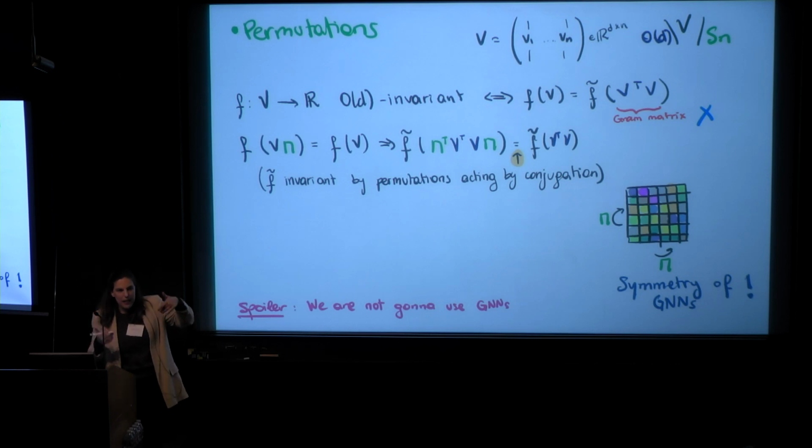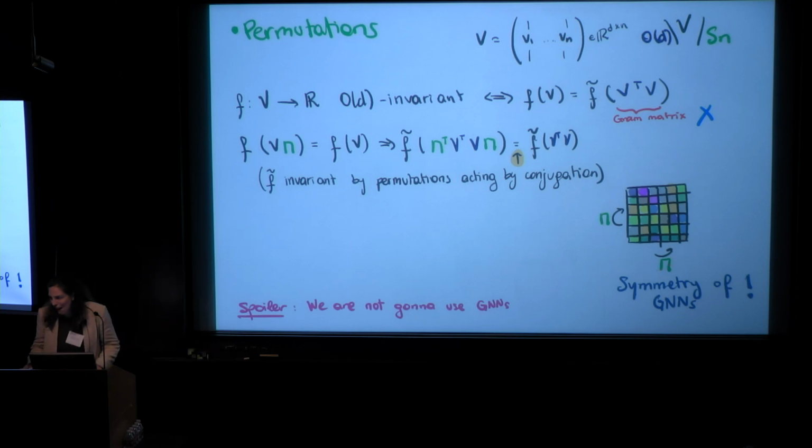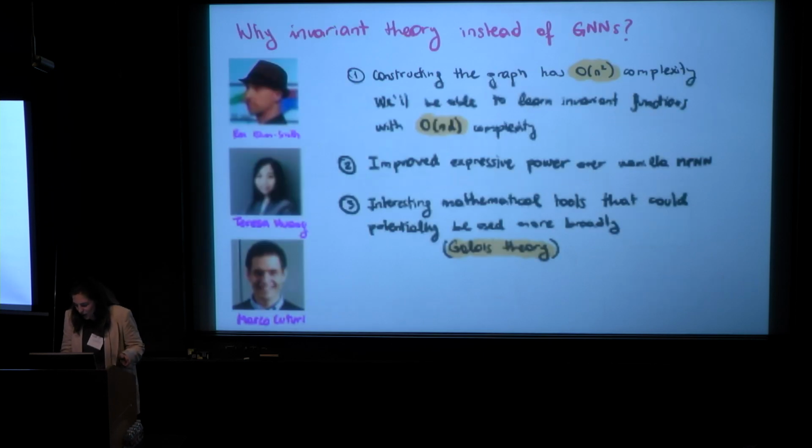And the invariance with respect to that action of permuting rows and columns is the same invariance that graph neural networks look at. So this is the symmetry of GNNs. This is a learning of graphs. So GNNs are showing up for now. They'll show up later. OK, so how do you do that?